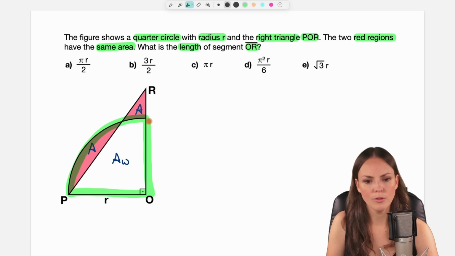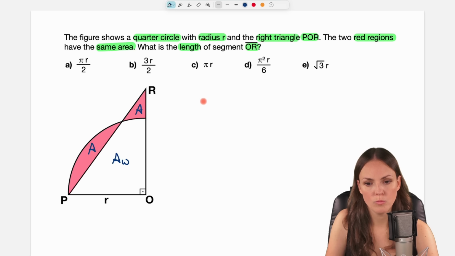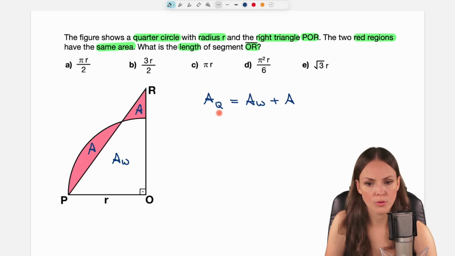This quarter circle consists of this white area and this red area. So if I wanted to find the area of this quarter circle, which I can call Q, then I can just take the white area, W, and add the red area, A. This would be my quarter circle.